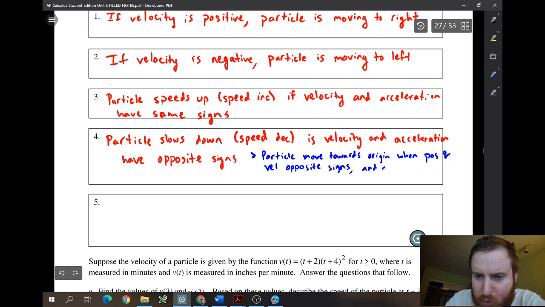And away from the origin when velocity and position have the same signs.